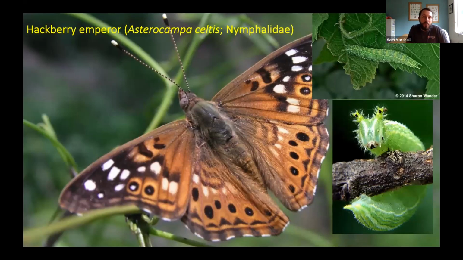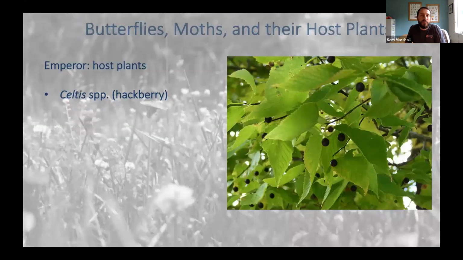Hackberry emperors are another group. These are in the family Nymphalidae. This group, also called the brush-footed butterflies, have reduced forelegs, and as the name implies, the hackberry emperor feeds only on plants in the Celtis genus.